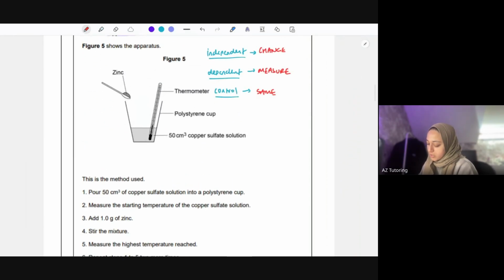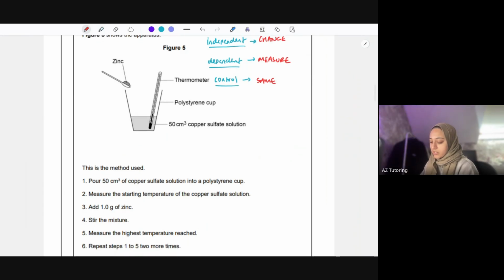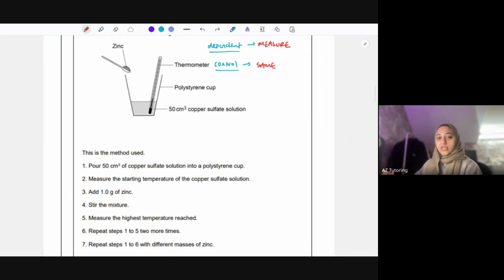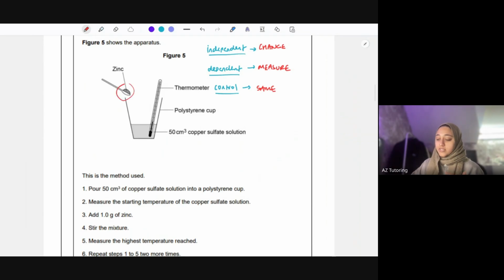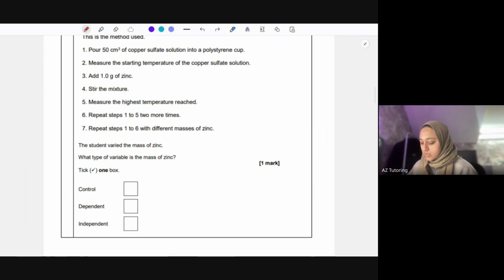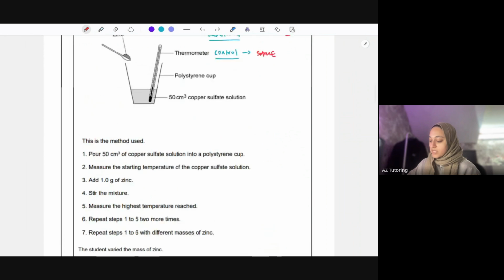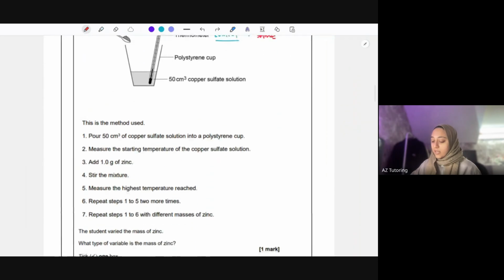They're pouring the copper sulfate solution into the cup. They're measuring the starting temperature. They're adding 1 gram of zinc with the spoon there. They stir the mixture and measure the highest temperature that's recorded. And then they repeat the steps, but they use different masses of zinc each time because that's what they're investigating. So the student varied the mass of zinc. What type of variable is the mass of zinc? They're changing the mass of zinc, so it would be the independent variable.